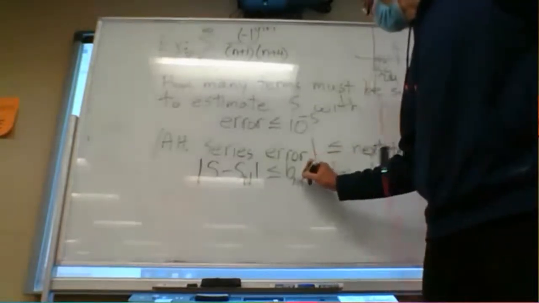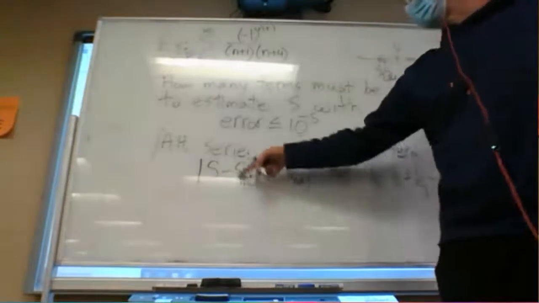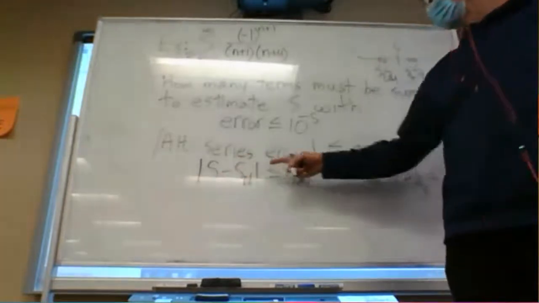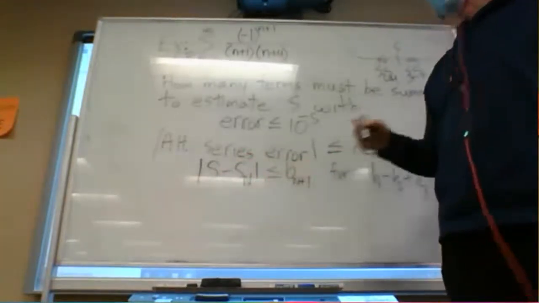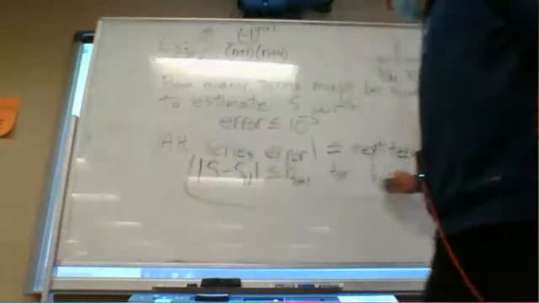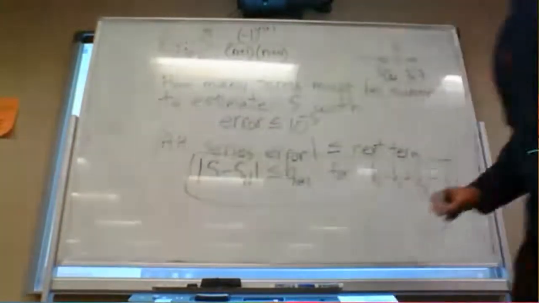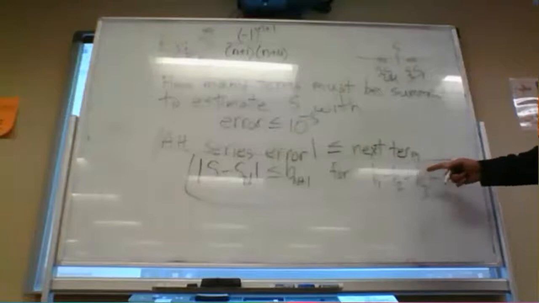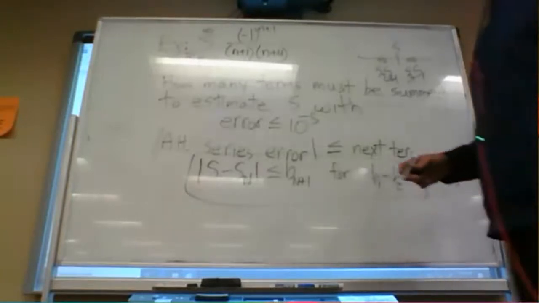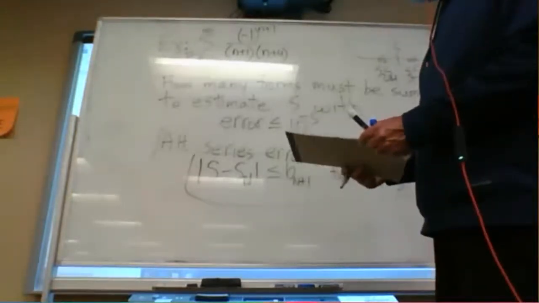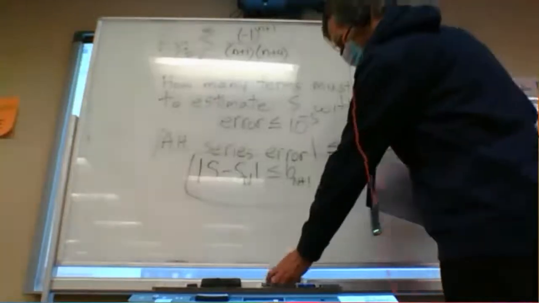I forgot the plus 1 there. It's less than or equal to the next term. So you add up the first n terms and estimate S. The difference between those is less than or equal to the next term. So that's the formal statement of the estimating sum. You can add up the first capital N terms with error less than or equal to the next term.